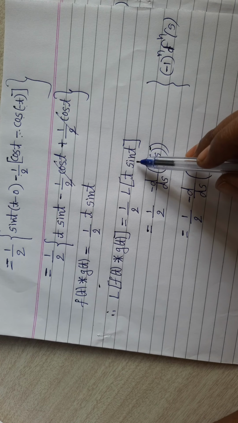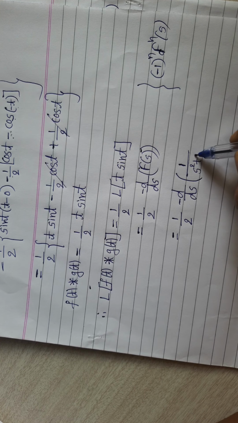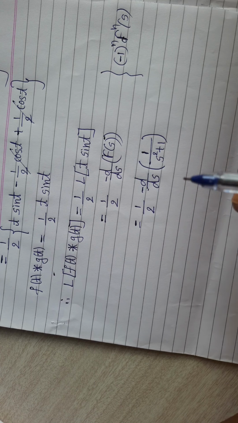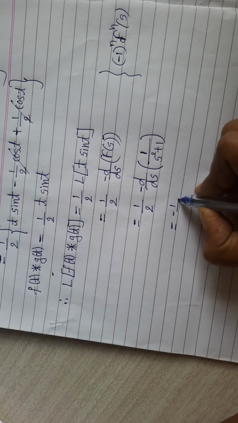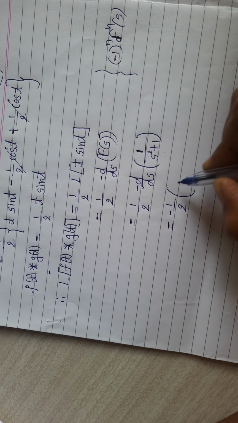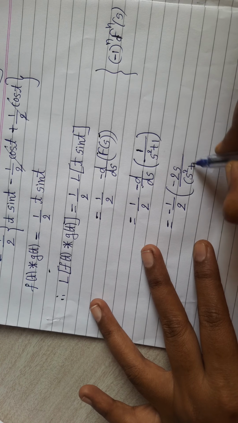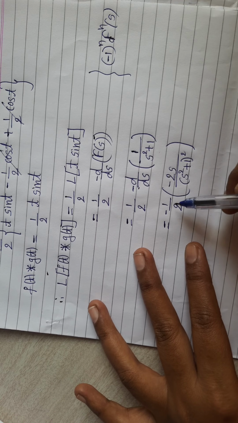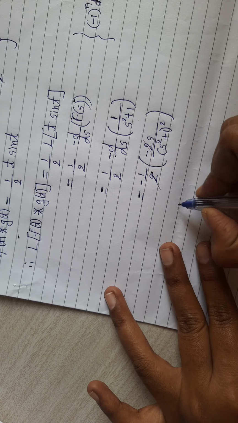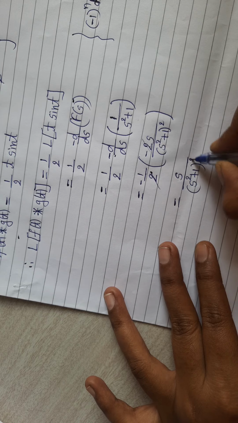F of t is sin t, f of s is 1 divided by s square plus 1. So differentiate this once and multiply by this negative. So this negative I'll take here in the beginning: minus 1 by 2 times the derivative of this with respect to s, that is minus 2s divided by s square plus 1 whole square. Since the product is there, you can cancel 2 by 2, and minus into minus is plus. So you are getting s divided by s square plus 1 whole square.